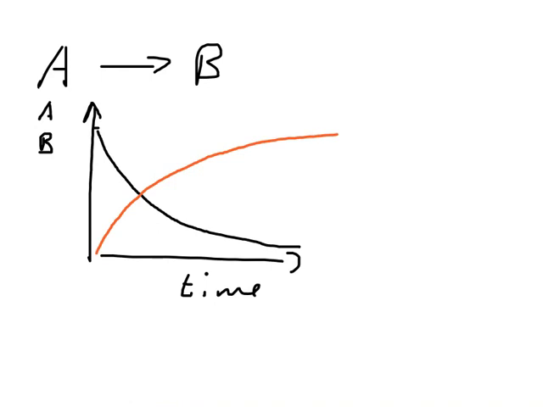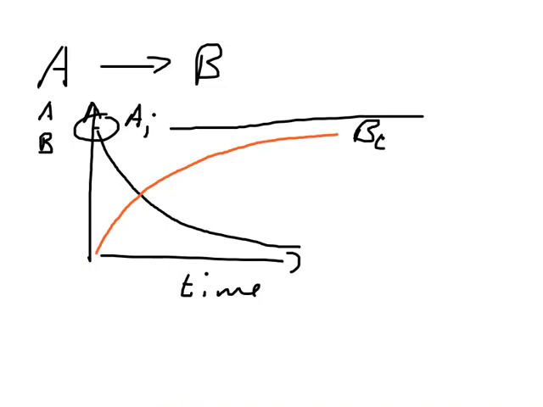If it is a 1-to-1 ratio, that means 1 molecule of A gives 1 molecule of B, then our limitation would be A initial. We would never get any more B than we had A initial.